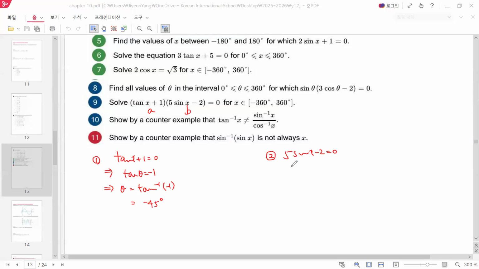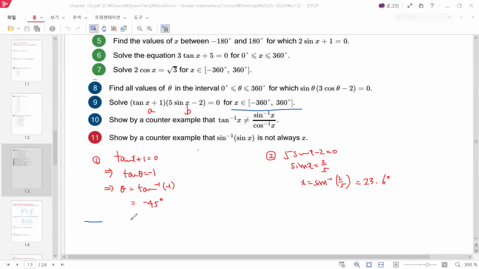Let's solve this question first. So sine x equals 2 over 5, then x equals sine inverse 2 over 5, which is 23.6 degrees. Okay, let's find the angles. So the range of x is given from negative 360 to 360.